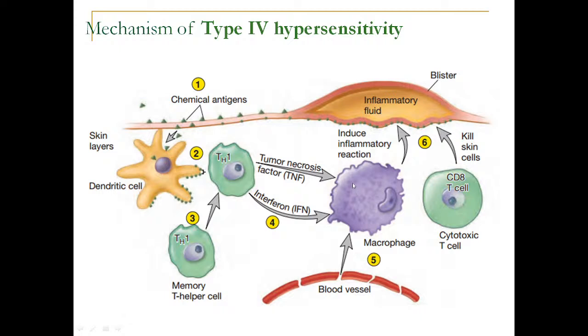Macrophages move to the site of allergen injection and cause strong inflammatory process here. Cytotoxic T cells that are CD8 cells or T killers, they destroy cells of skin tissues, cause disruption, and we can see inflammation, redness, formation of papule and blisters in the site of allergen injection.